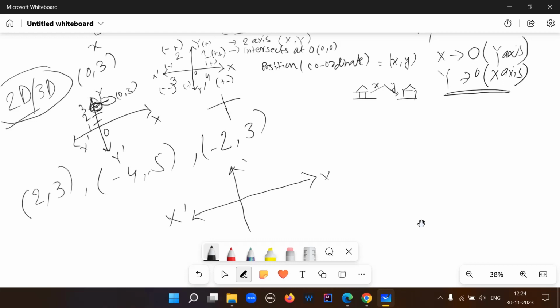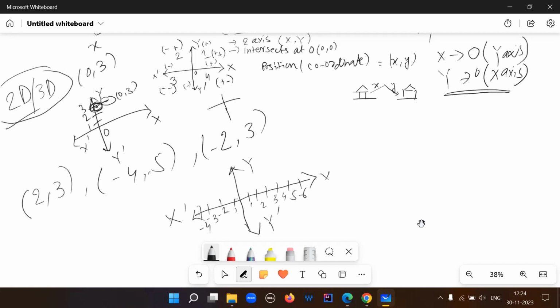X, x dash, y, and y dash. For (2, 3): 1, 2, 3, 4, 5, 6 and 1, 2, 3, 4, 5, 6.